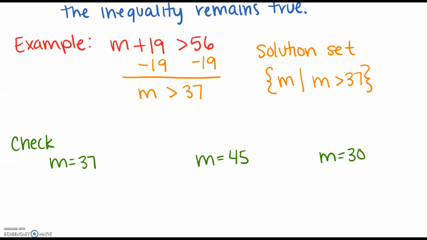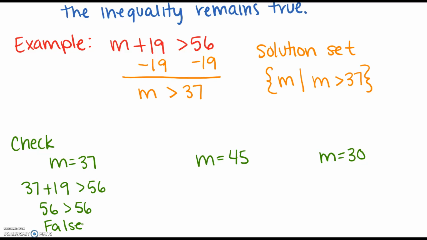When we try 37, we have 37 plus 19 is greater than 56. That tells us that 56 is greater than 56, which is false. 56 is not greater than 56, so we can't have 37 in our solution set.